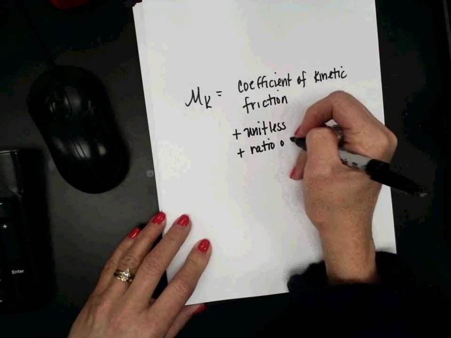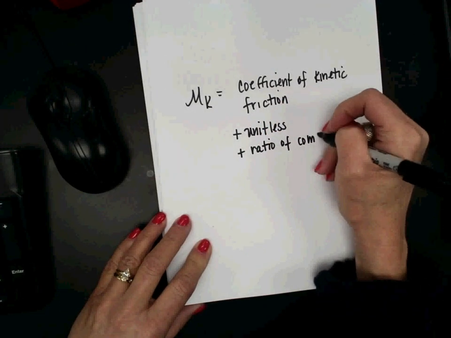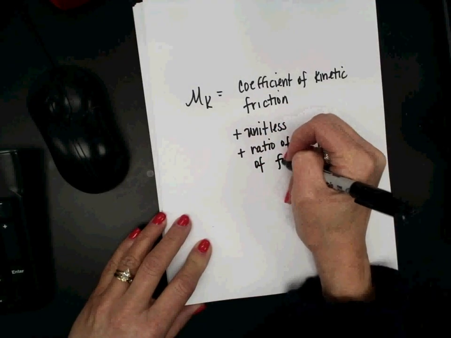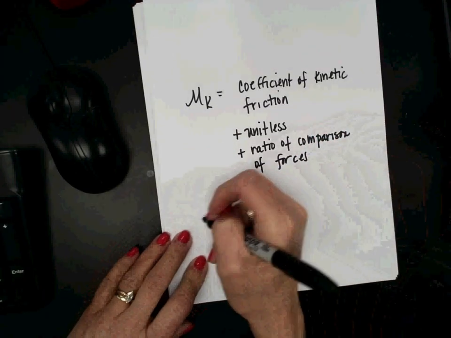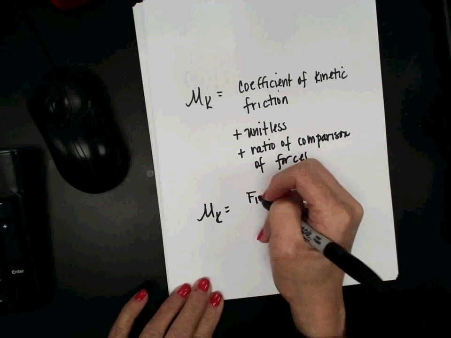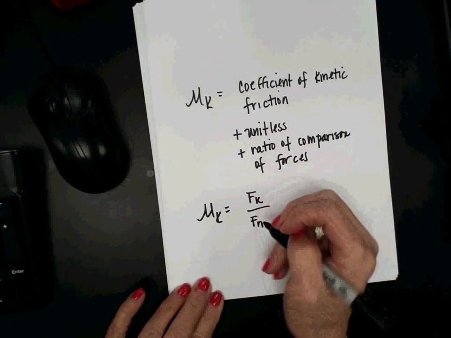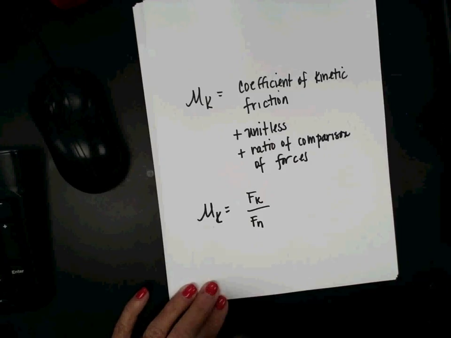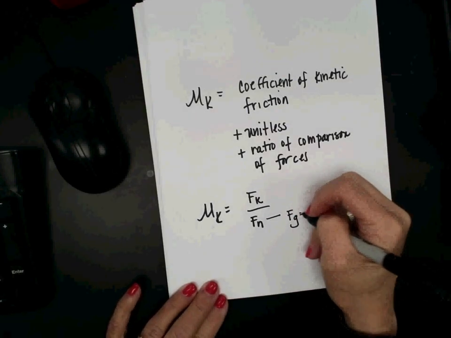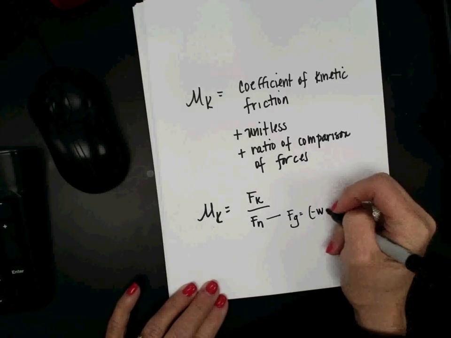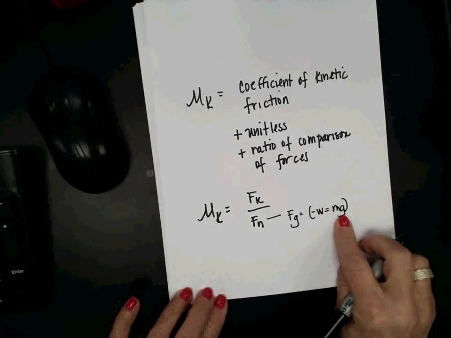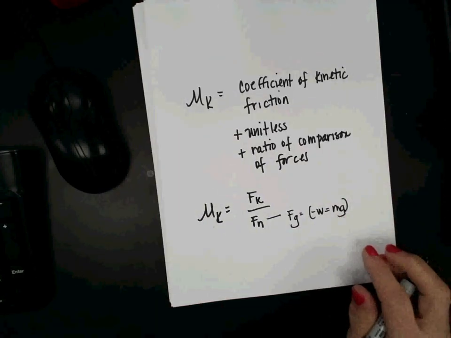It is a ratio of comparison of forces. And it looks like this. Mu k is equal to Fk over Fn. And remember, this Fn is equal but opposite to Fg, so it's actually equal to negative W equals mg. So it is the opposite of the weight.